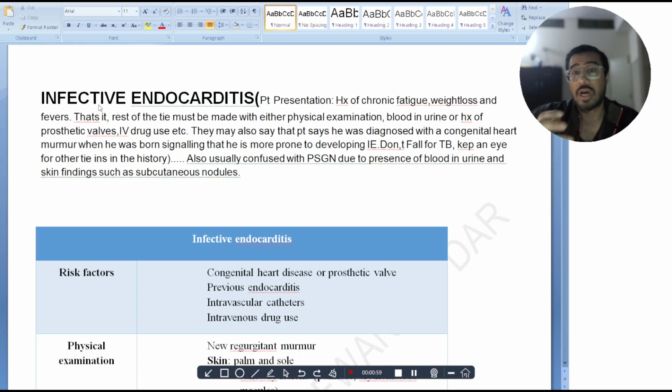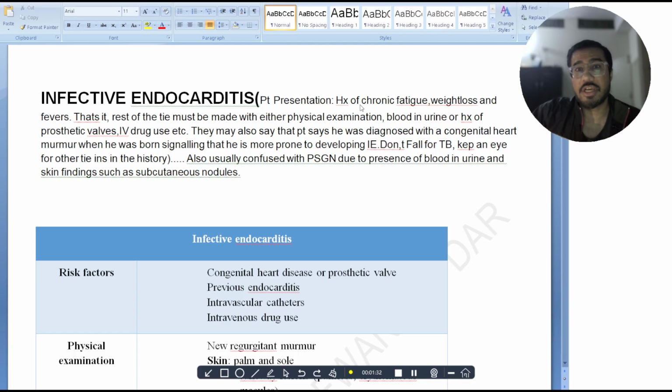And the other condition is rheumatic heart disease, because in that the patient also has a murmur, plus there are subcutaneous nodules which you can confuse with the skin findings of infective endocarditis. So the two important differentials that you need to keep in mind when solving a question or seeing a case are PSGN and rheumatic heart disease. Those are the two important ones.